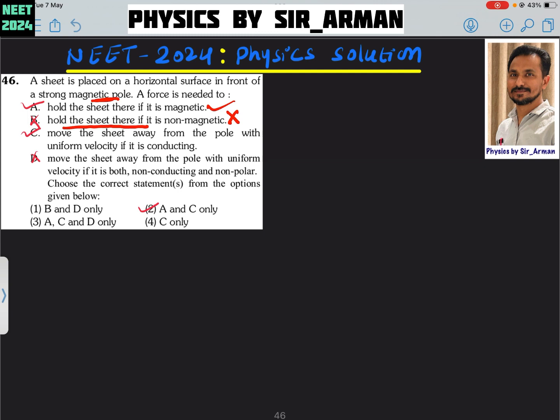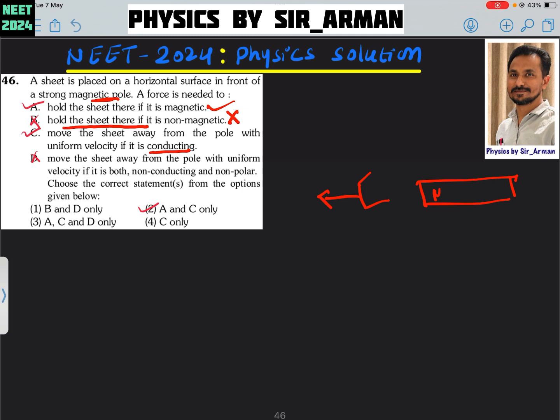So B is wrong. Then C, move the sheet away from the pole with uniform velocity if it is conducting. Now suppose there is a magnet, it is north, and you try to move the sheet away. If you move it away, the magnetic flux will change.